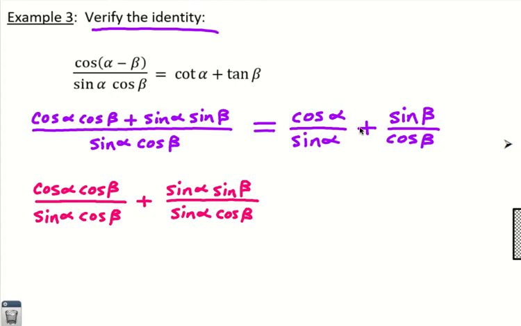But what I did here was just break this fraction up into 2 fractions, each with this denominator, and just like that, the left side and the right side perfectly matched, and I was done.